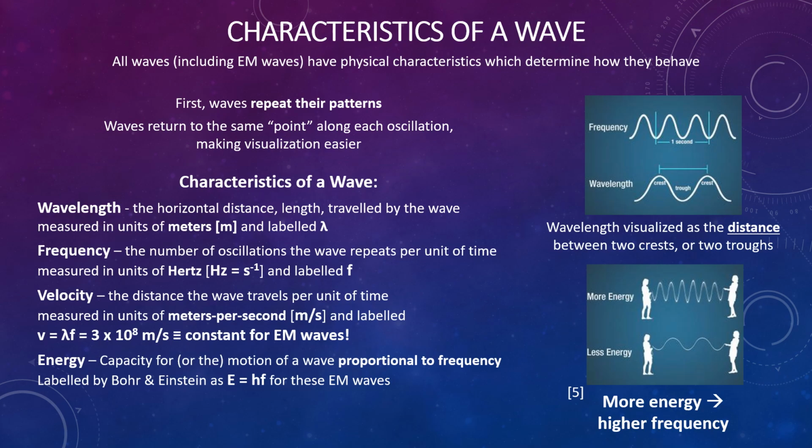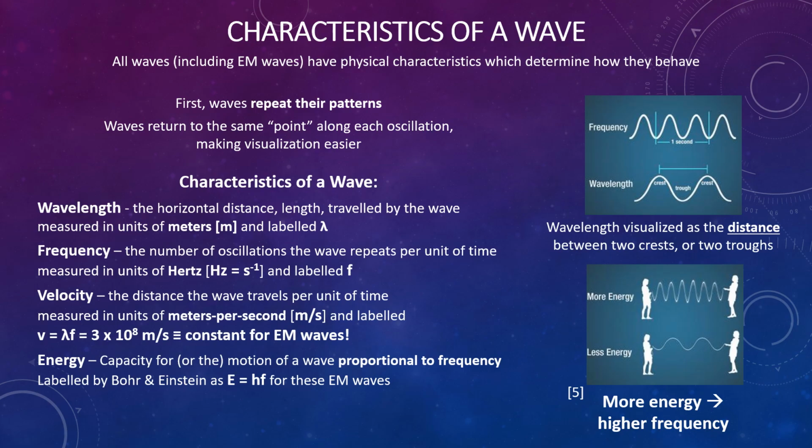All waves, including electromagnetic waves, have physical characteristics that determine how they behave. The most fundamental aspect of a wave is that it has a repeating pattern. Waves return to the same point through periods of oscillation. And this really makes sense visually when we see representations of waves on the right side.